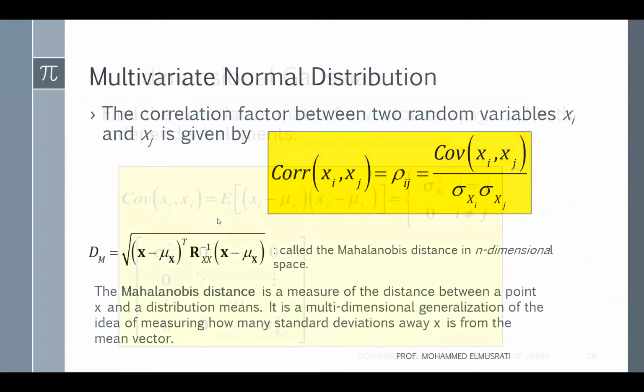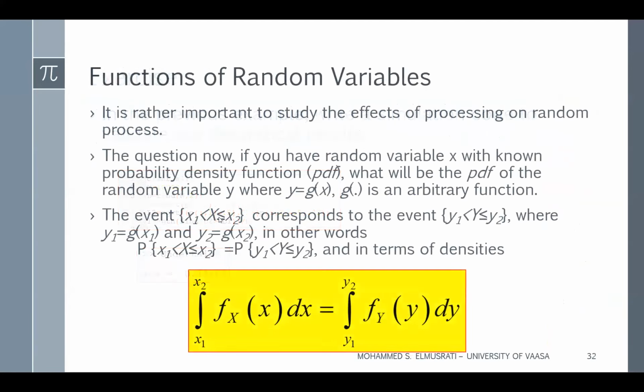Also, next week we will start with functions of random variables. If you have a function like y equal to a function of x, and x is a random variable, how will the distribution of y be? This is the question now.